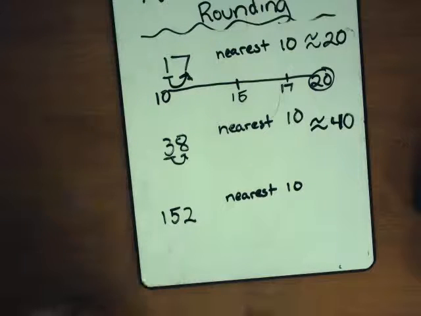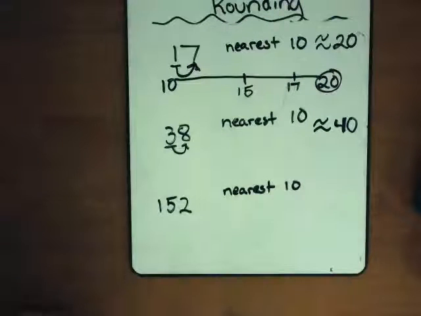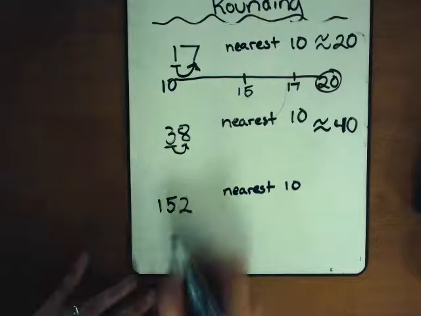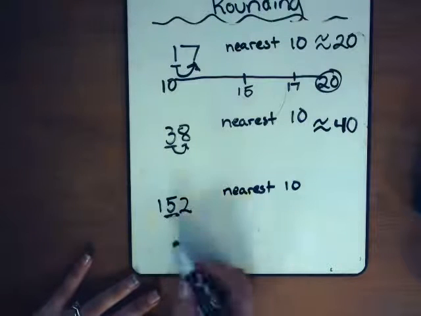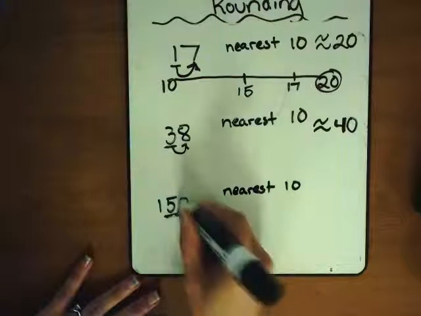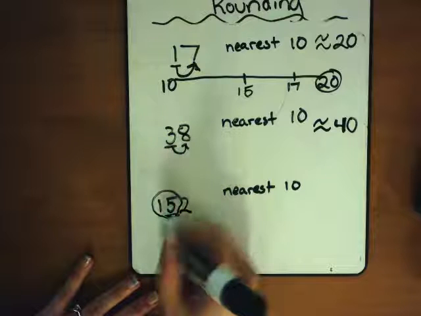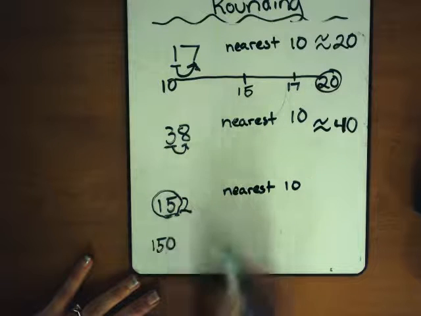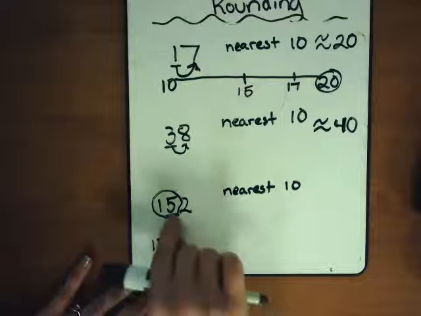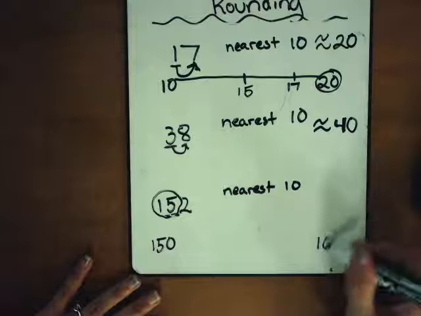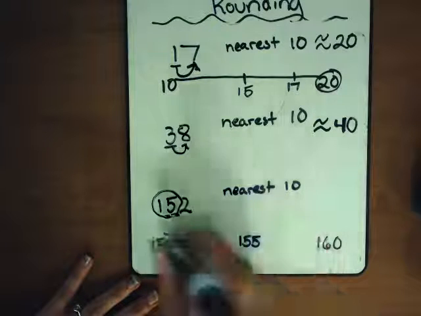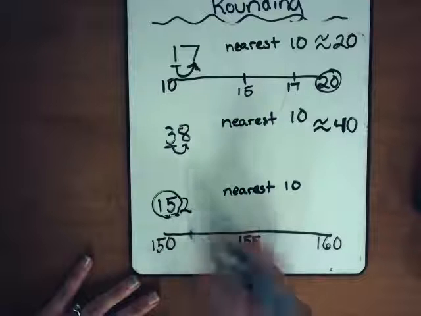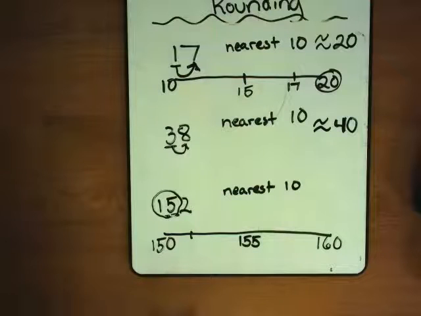Okay, and 152 to the nearest 10. I take a look here and I underline the digit in the tens column, right? And so I know that these will stay the same, 150. Now the next 10 would be 160. 155 is halfway in between. 152 would be about right here, right?